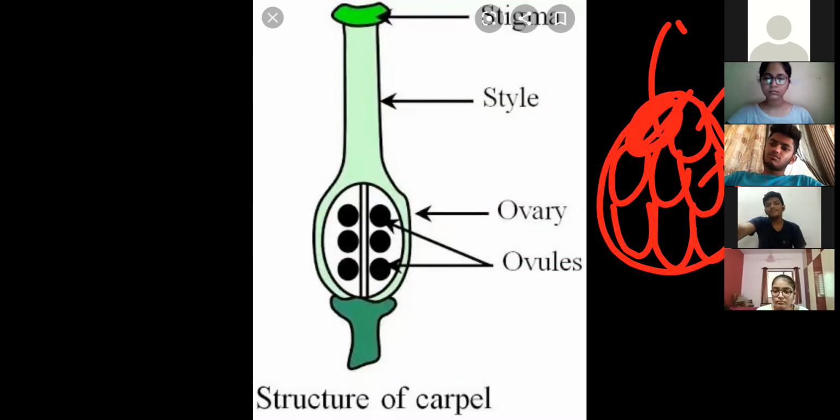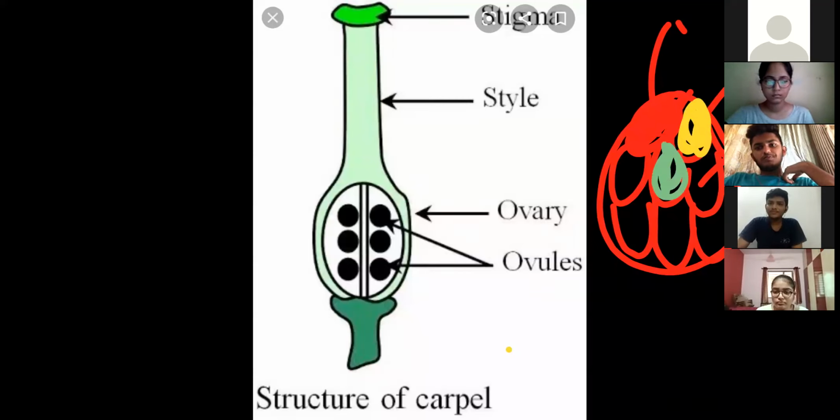This is one ovary, this is the second ovary, this is the third ovary, this is the fourth ovary. Like this, individual. See here, we can say it is the apocarpous condition. Yes or no? Here, each and every carpel is free from each other. Carpel meaning what? Ovary, style, stigma, right? This ovary ultimately converts into the fruit part.